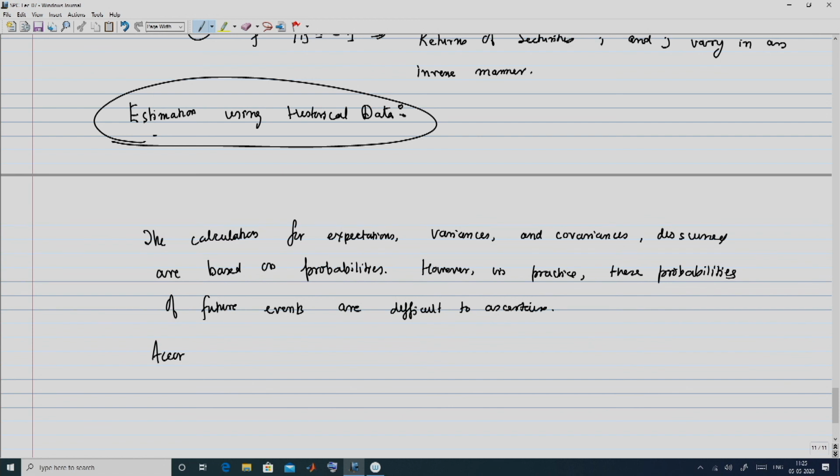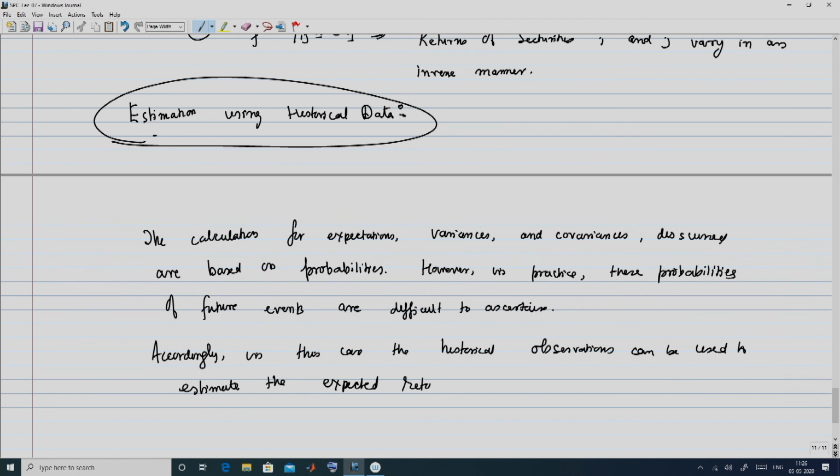So, accordingly, in this case, the historical observations can be used to estimate the expected return, variance and covariance.